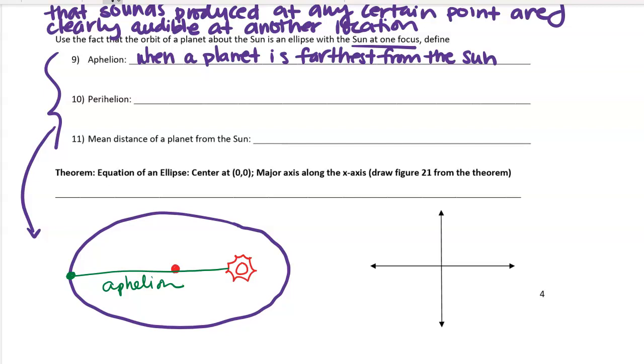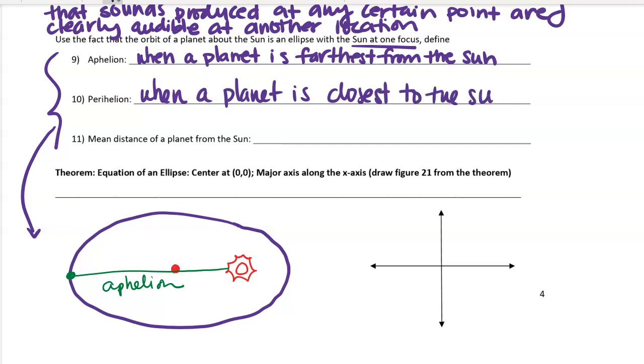Right. Perihelion, when a planet is closest to the sun. So that means in our application, this right here is the shortest distance. So this is perihelion.